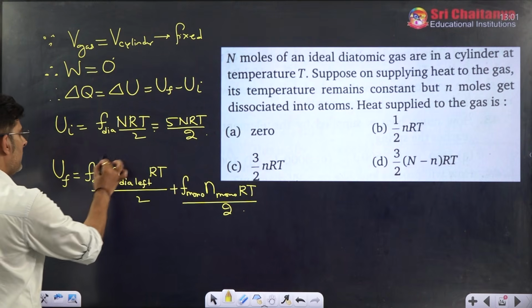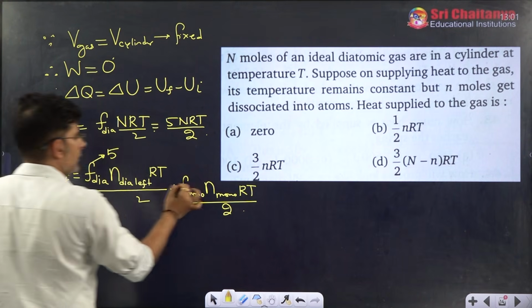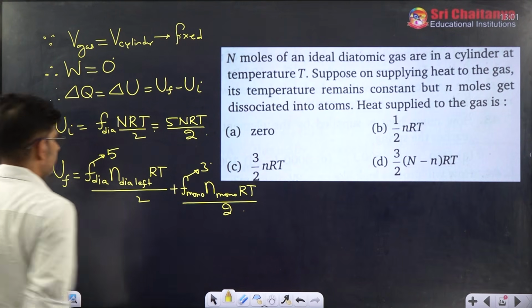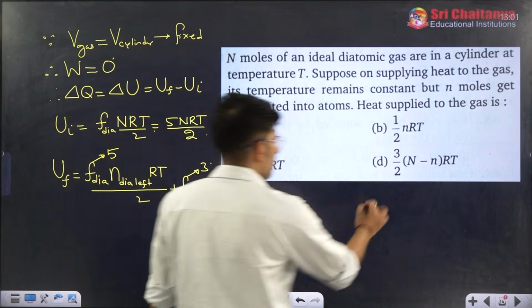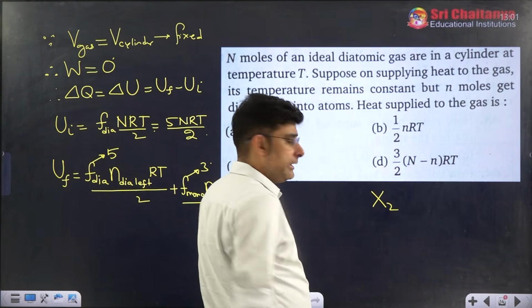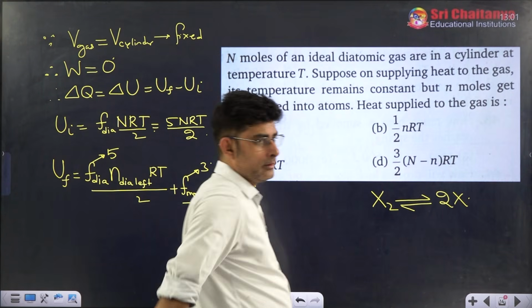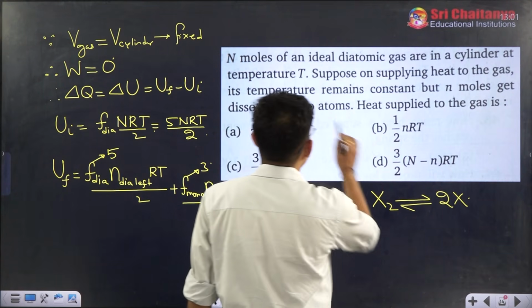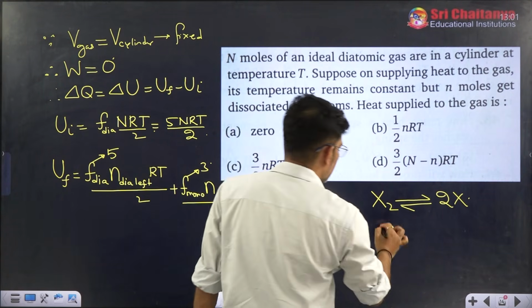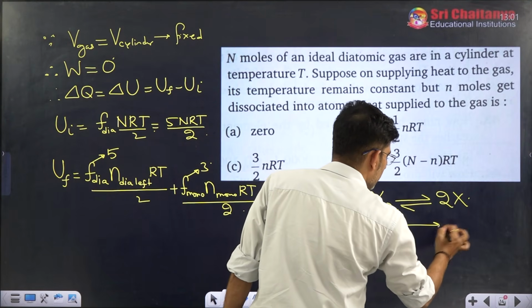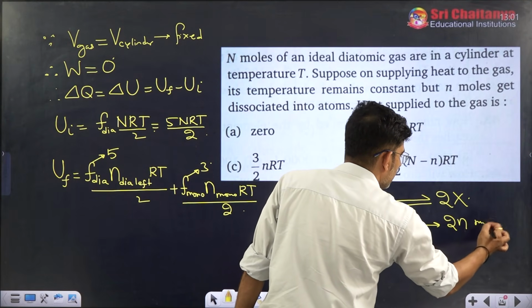Now diatomic F we know is 5, monoatomic F we know is 3. Let's see. Suppose the gas was X2. When it dissociates, 1 mole of X2 will give 2 moles of X. So how many moles of X2 have dissociated? Small n moles. So small n moles will give you 2n moles.